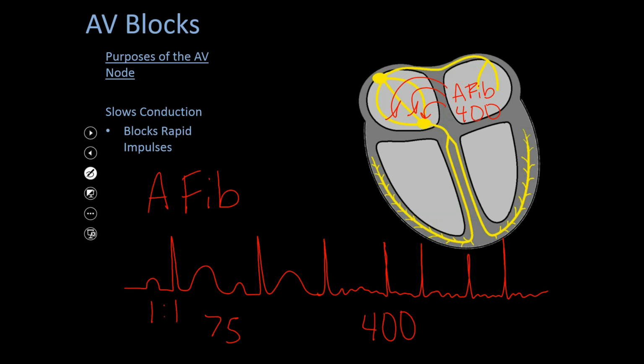So what the AV node is doing is acting like a surge protector. It is blocking out many of those impulses, only allowing just a few of them through to depolarize the ventricles.